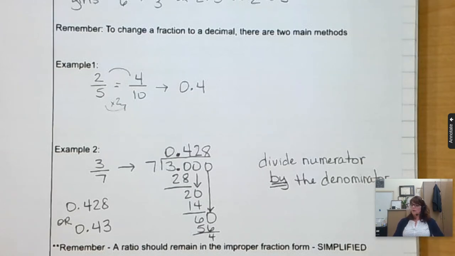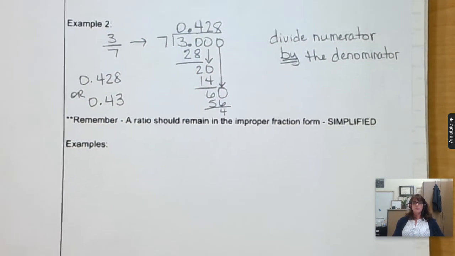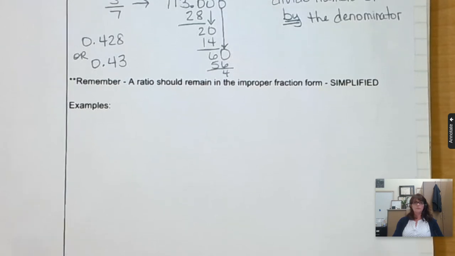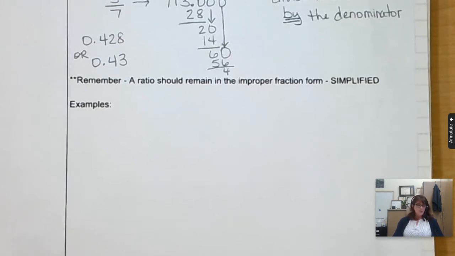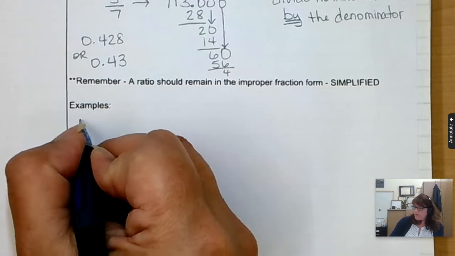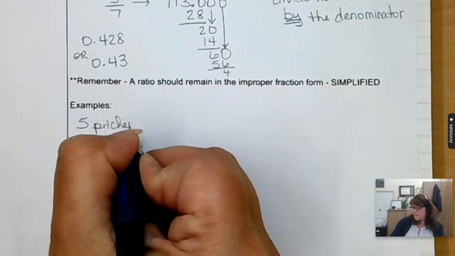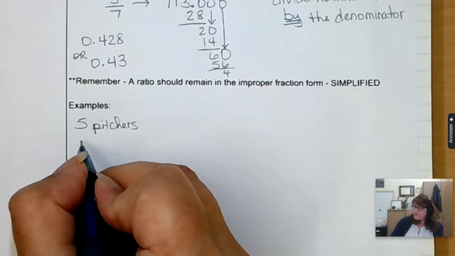Now, we're going to turn to baseball. Actually, baseball is a fantastic way to learn math. So we're going to do 2 problems. And the first one is just going to talk about the players in the game. So in this story, we have 5 pitchers. We have 2 catchers.